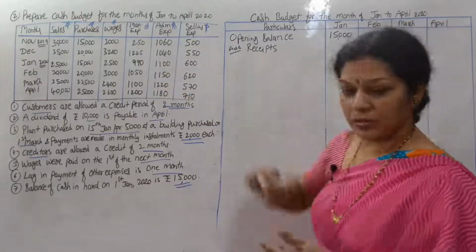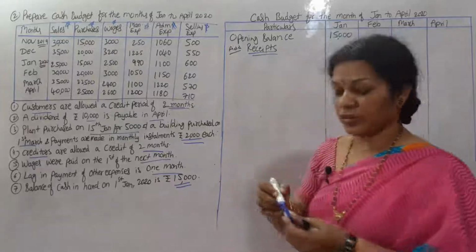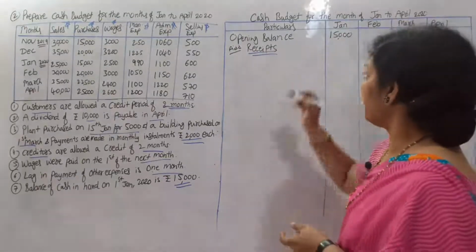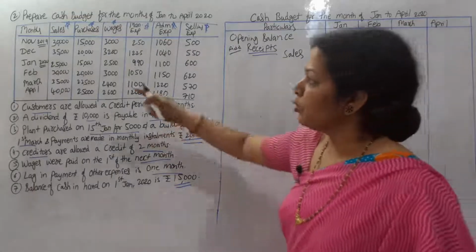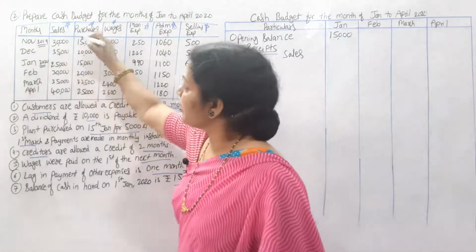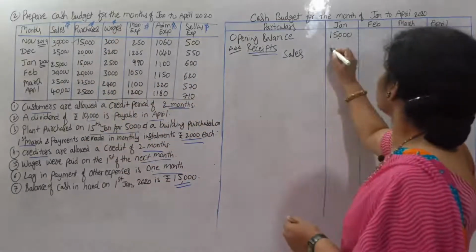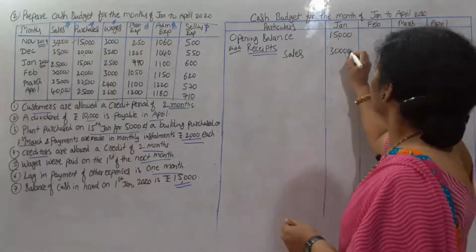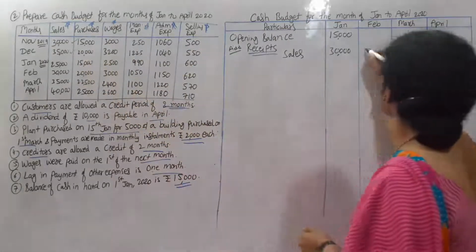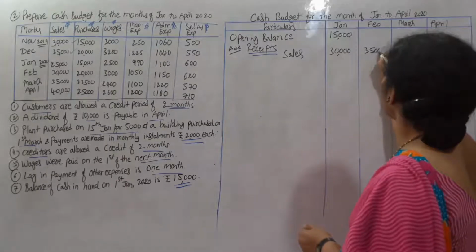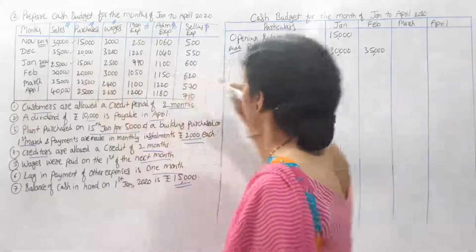So receipts, I can give a heading. We have only sales. I'm writing sales here. There is a delay of 2 months. 2 months back, for January we will take 30,000. For February, 35,000. 2 months delay, so for March, 25,000.